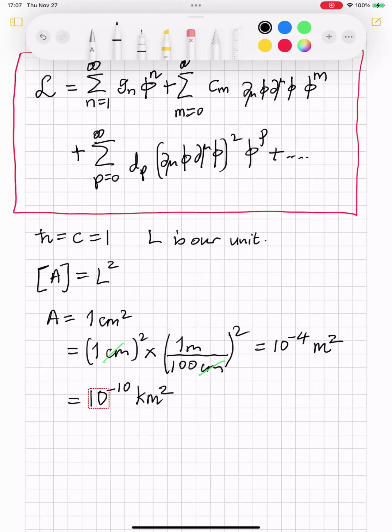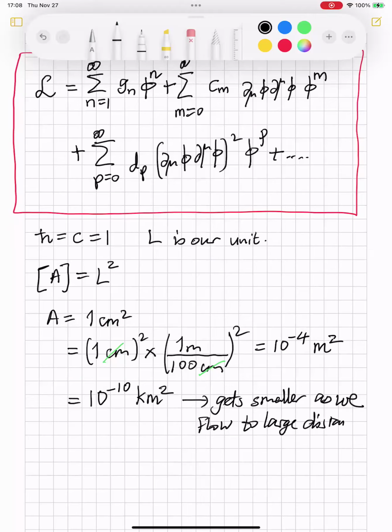So what you can see is this gets smaller as we flow to large distances. Okay, so this is the idea.